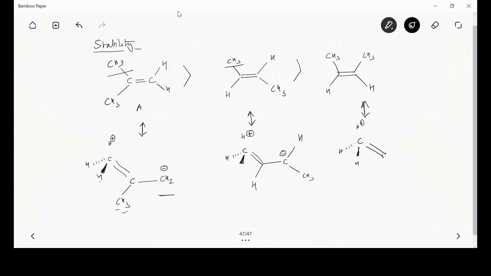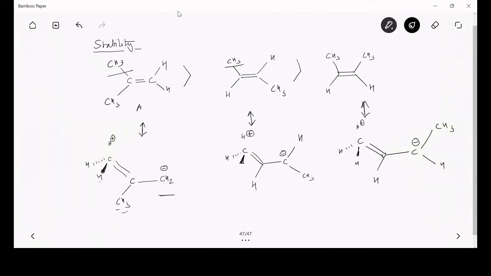Double bond here, single bond here, C, negative charge, not H here, in this case we have CH3 here, and H. Okay, so these are the 3 resonance structures for the 3 corresponding alkenes.